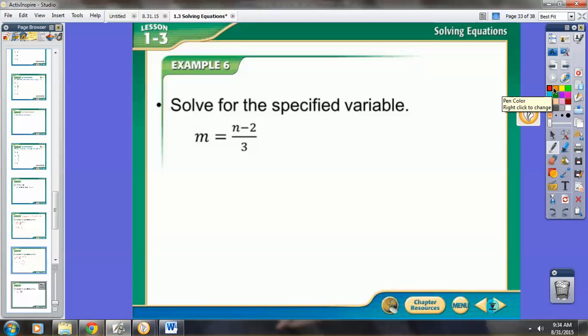But this one, we have M equals N minus 2 all divided by 3. And they didn't specify a variable, but I'm going to tell you let's solve for N. Solve for N. So you guys need to tell me, do you undo the subtraction here with a minus 2?